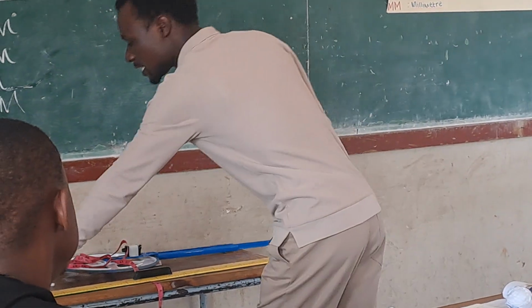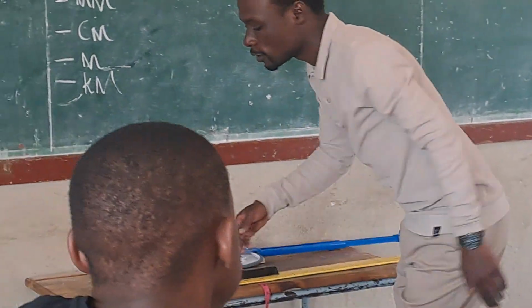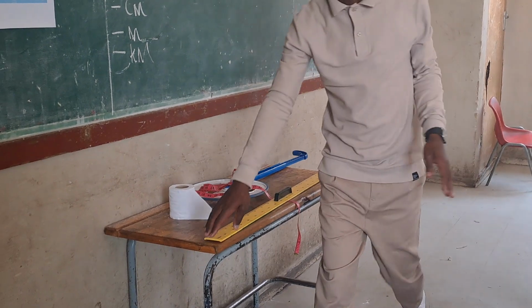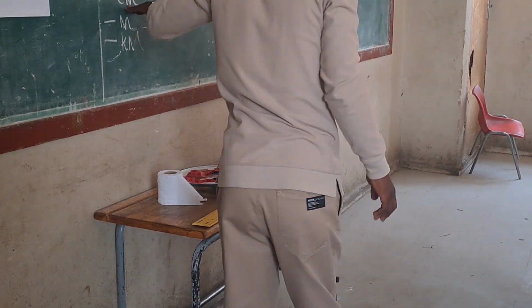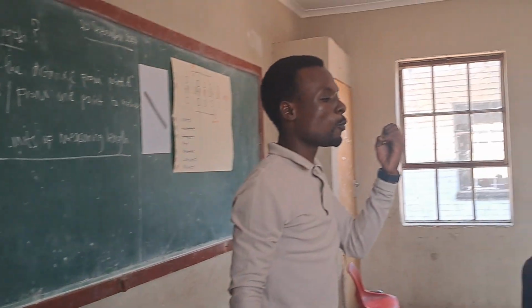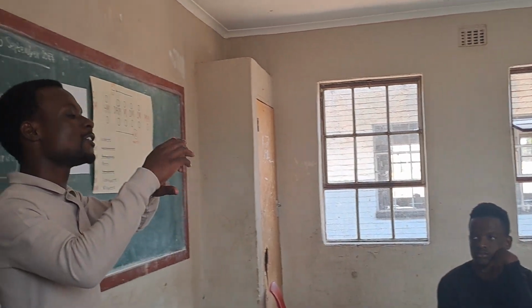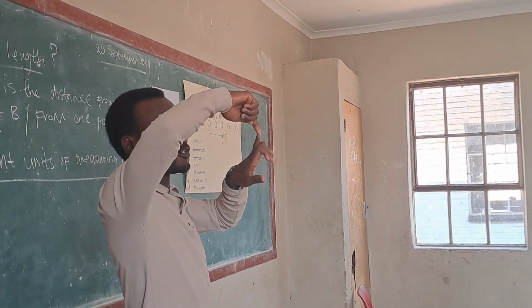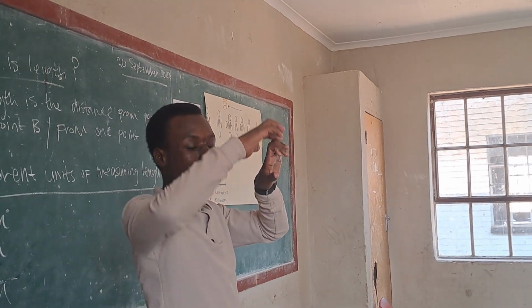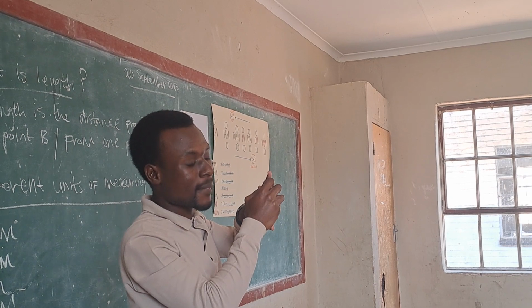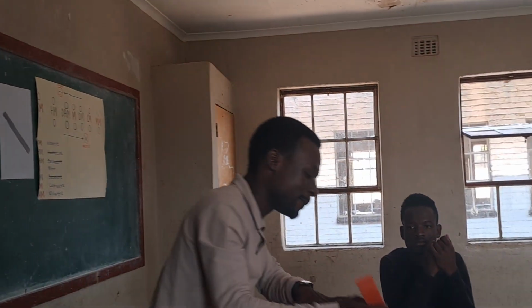And let's estimate the length of this table. Before we estimate the length of this table, remember that when you think of centimeter, just think of your pinky finger. The distance from this side of your pinky finger up to this side is 1 centimeter. You can confirm by measuring it.